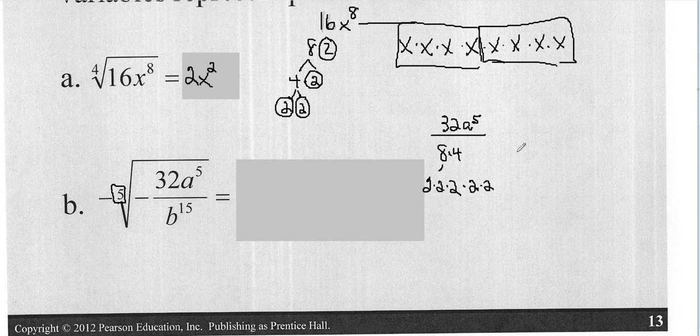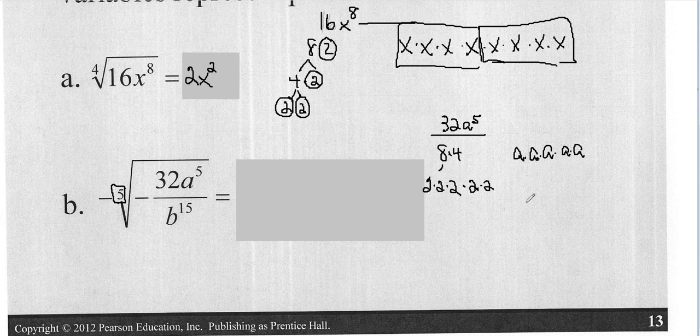Then the a to the 5th, that's easy too. That's 5 a's. 3, 4, 5. I'll just do it this way. So let's just take care of our numerator. I like to do things like that. So I need the 5th root of 32. Here's my 32.